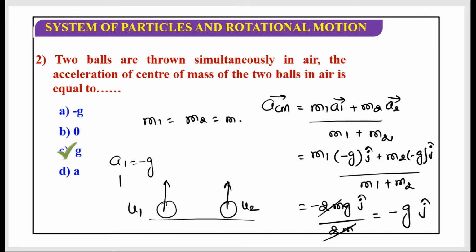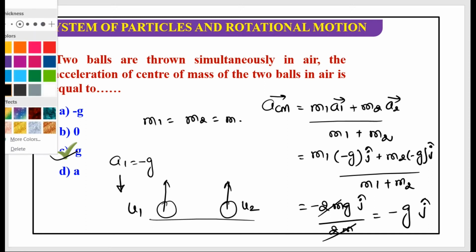Minus because both are in the negative y direction. So the acceleration of the center of mass could be written like this. I hope this is clear. Are you sure? Can you do this?